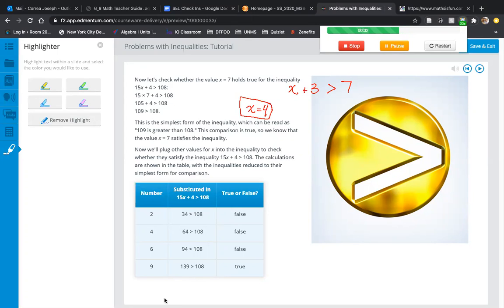Anybody that's not sure, we're looking at this inequality here: x plus 3 is greater than 7. If x equals 4, is that statement going to be true or false? Okay, right, Alfie. We got a couple seconds left.